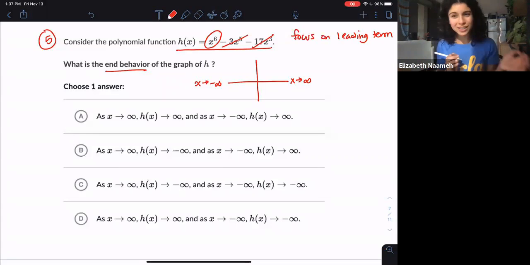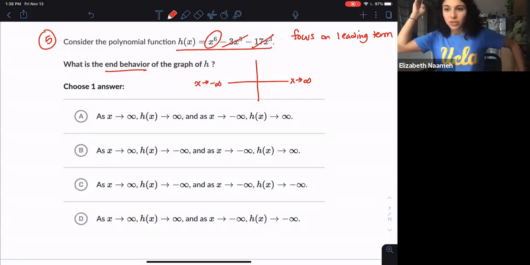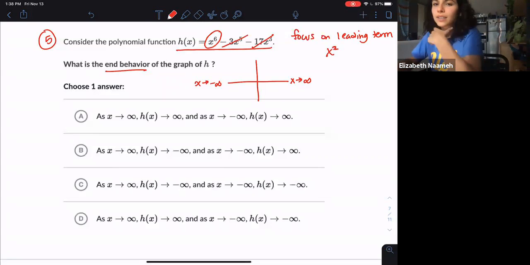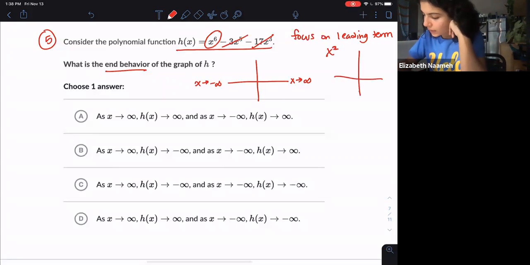Now, we talked about this a little bit in class. If I have an even power, do both ends open in the same direction or opposite directions? Think of x squared as an example. How does x squared open? Do the ends go in the same direction or opposite direction?